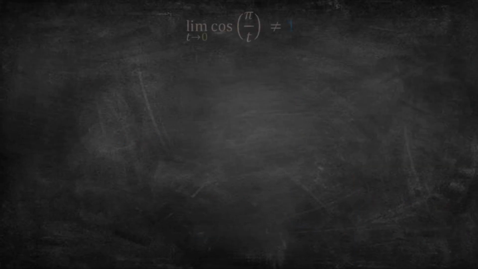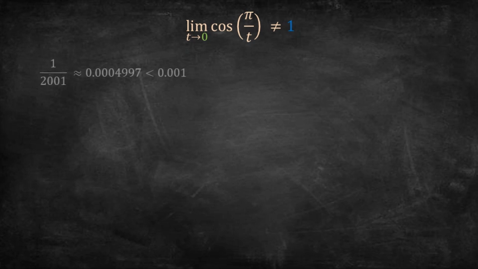To try and understand why the limit of cos of pi by t as t approaches 0 is not equal to 1, let's take a couple of values for t smaller than our smallest positive value in the table. One such value is 1 over 2001, which is smaller than 0.001, the smallest positive table value.